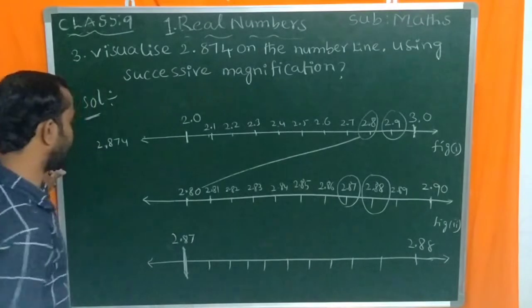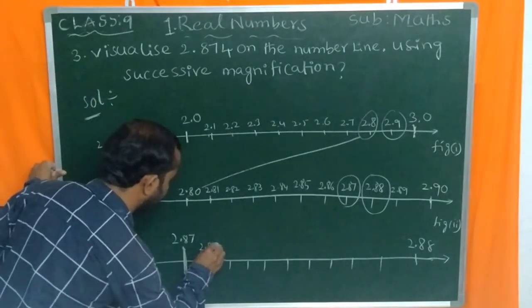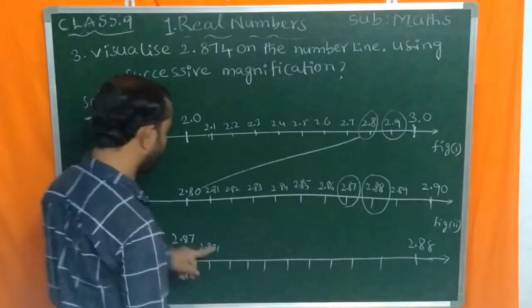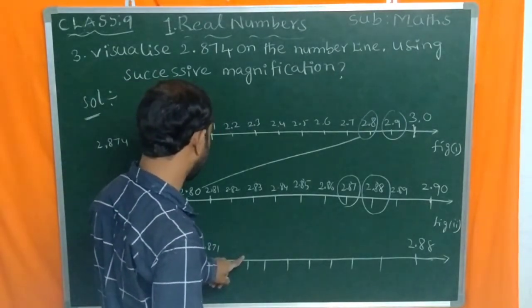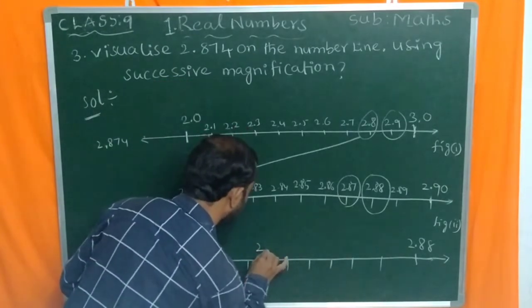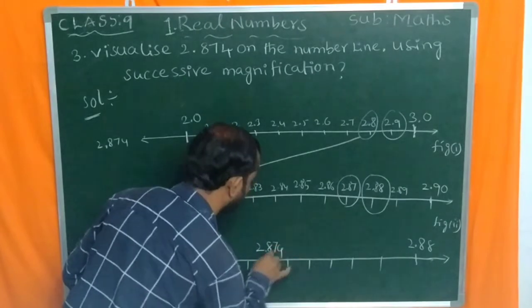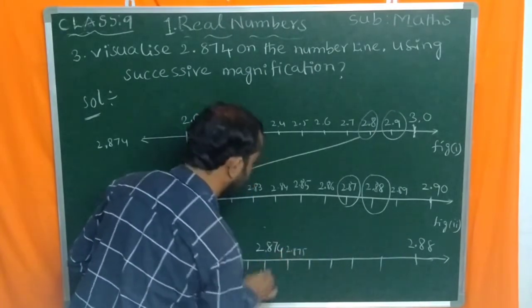Here this is 2.871, this is 2.872, 2.873, 2.874. Next 2.875, like that.